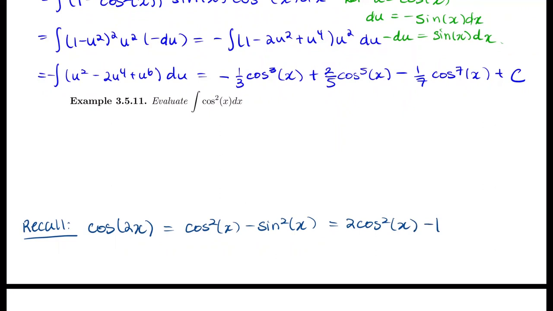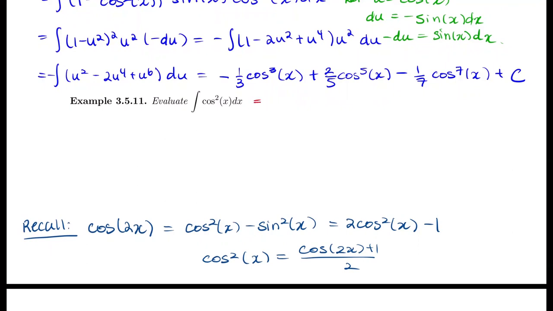So that means if you were to solve for cos squared of x here, cos squared of x is also the same as cos of 2x plus 1 divided by 2, right? So let's go ahead and plug that in.